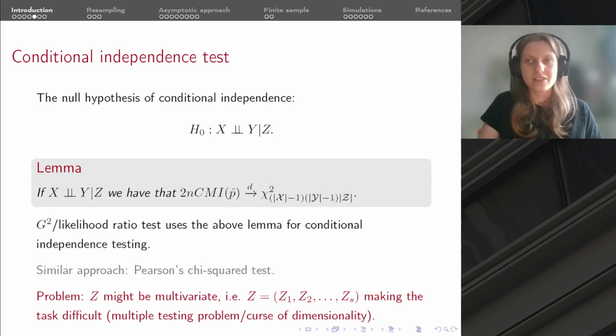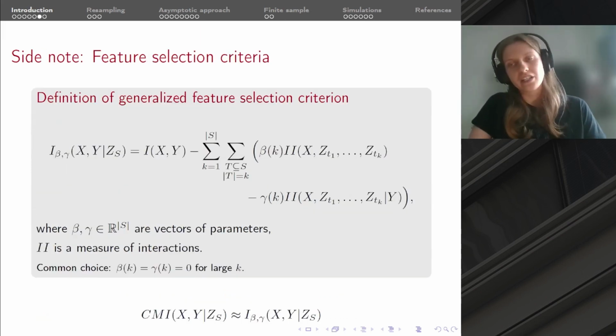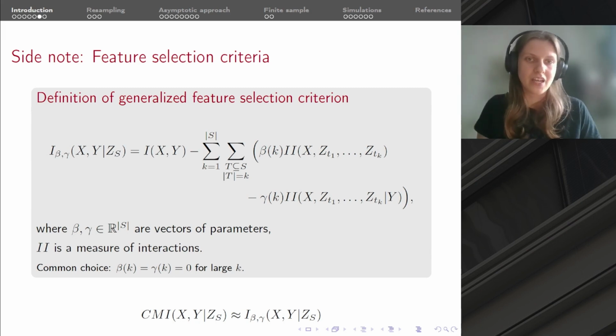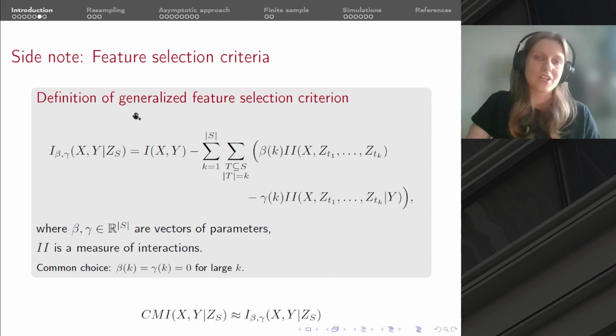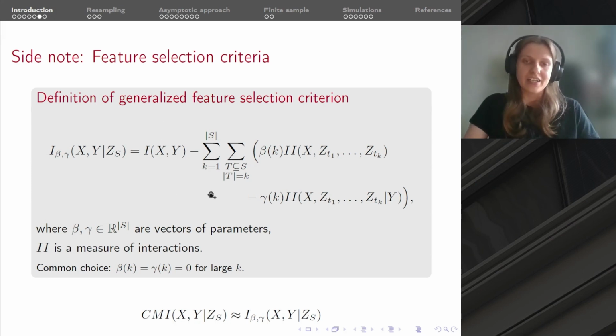And another reason is that, instead of using conditional mutual information, we can use some kind of approximation of it, in the form of generalized feature selection criteria.